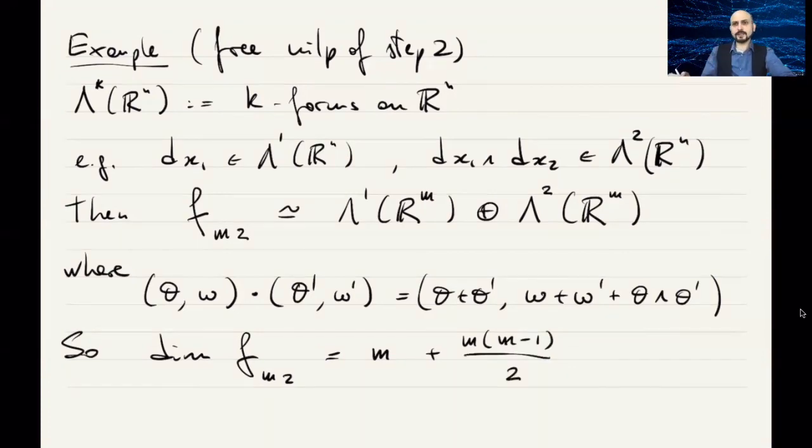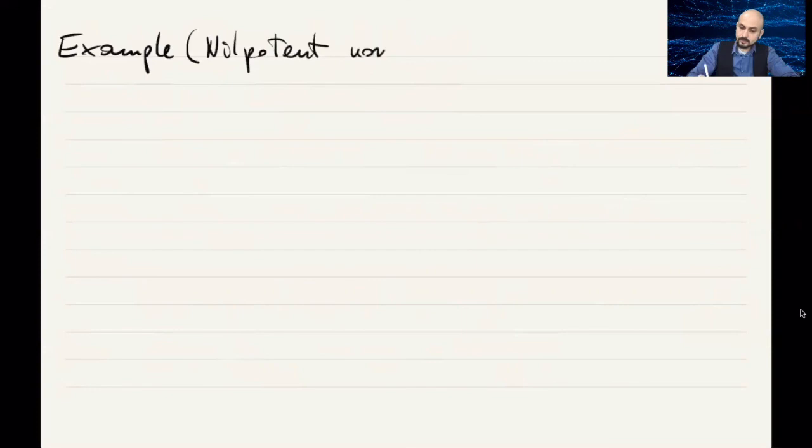After this, let's see an example of a nilpotent but not Carnot Lie algebra. So this is an example of a nilpotent Lie algebra but not Carnot.